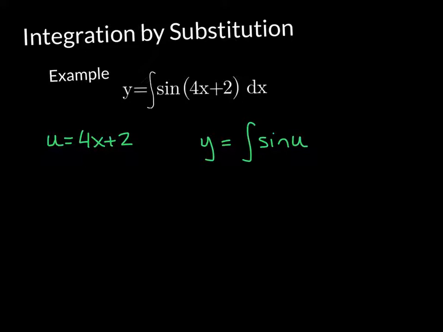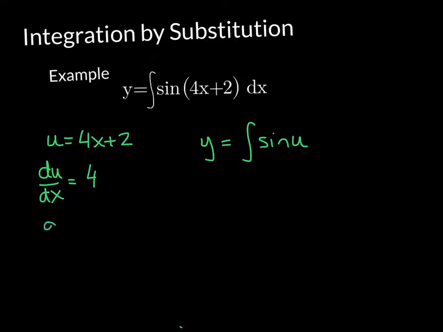We can't just change dx to du, we have to find the appropriate relationship between du and dx. So what we can say is that du by dx, the differential of u with respect to x, is equal to 4. If we differentiate u with respect to x, we just have 4.